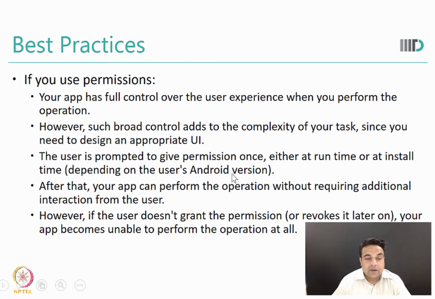Now, if the user doesn't grant the permission, then our application becomes unable to perform the operation at all. So if there is a very critical requirement for some permission and the user doesn't grant it, our application will have to stop right there. This is the disadvantage of using permissions.